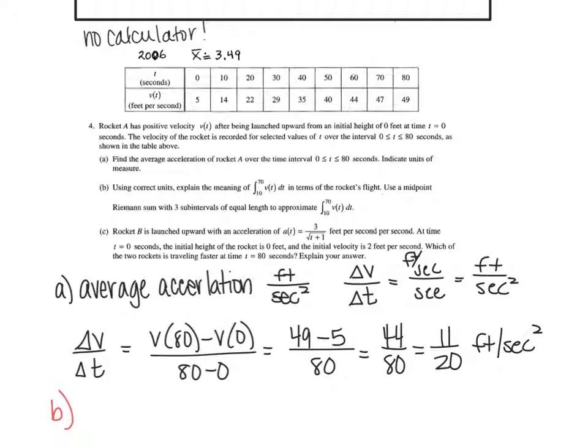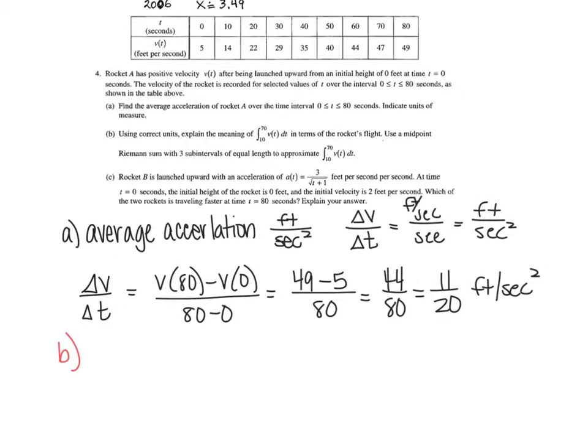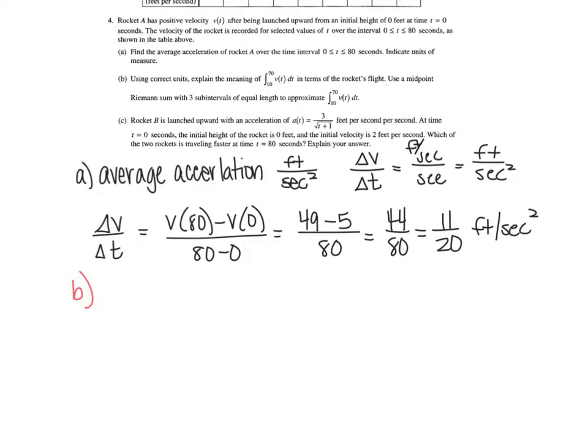Letter B says, using correct units, explain the meaning of the integral from 10 to 70 of V of t in terms of the rocket's flight. Use a midpoint Riemann sum with 3 subintervals of equal length to approximate the integral.